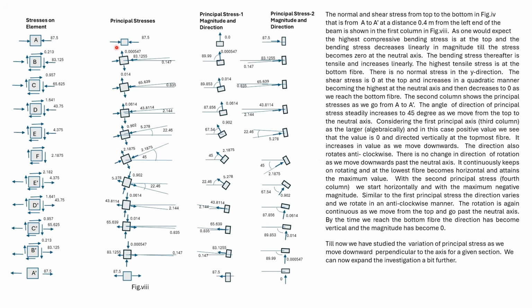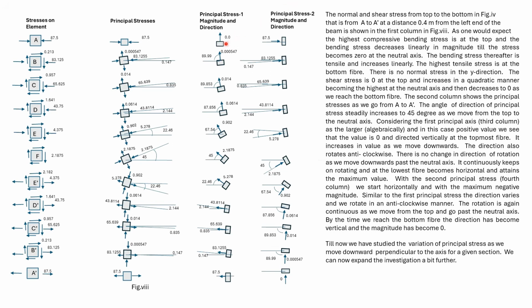The element A is subjected to a compressive stress, which is also the principal stress. The other principal stress in the y direction has a magnitude 0. Here, that principal stress of 0 magnitude is shown because it is algebraically higher.